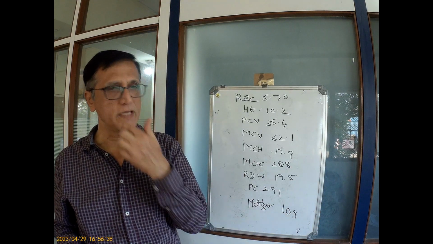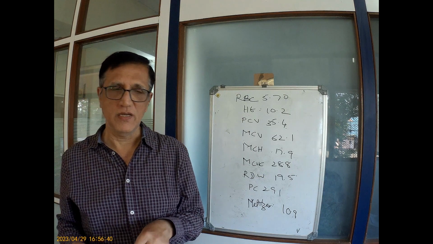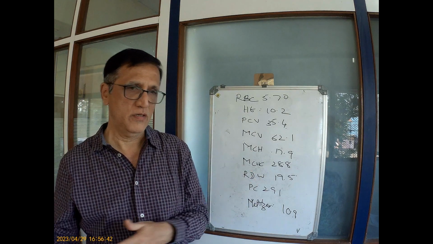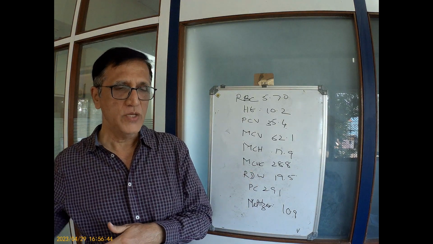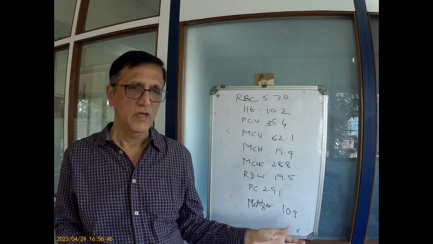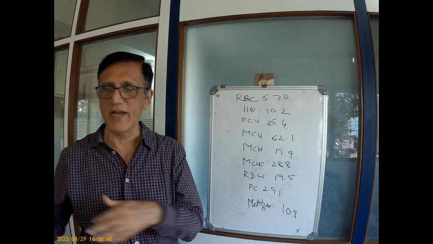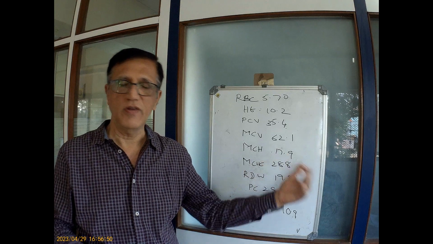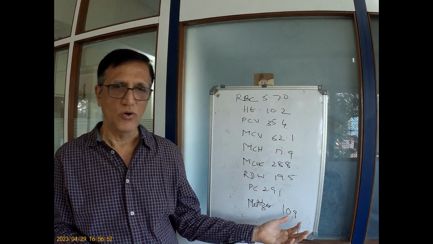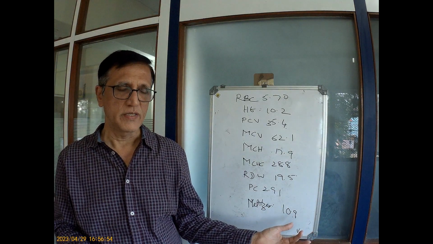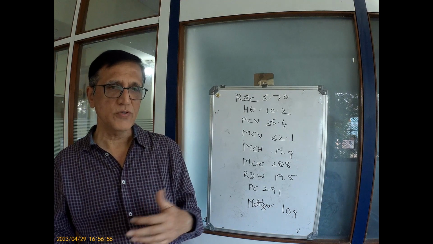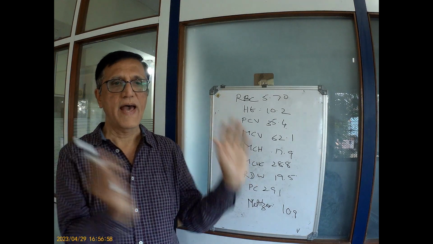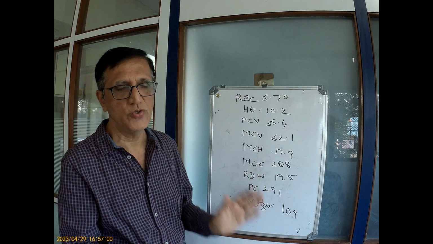Like if you have a megaloblastic anemia, you search for B12 deficiency. If you're not getting macrocytosis, you might think of a thyroid workup or a liver workup. So this is not the diagnosis, but the base on which you're going to work up everything.